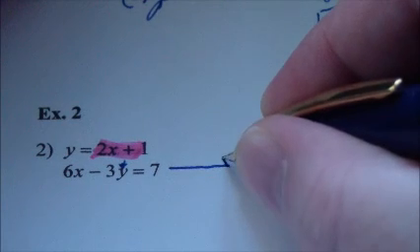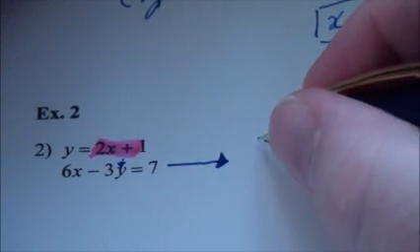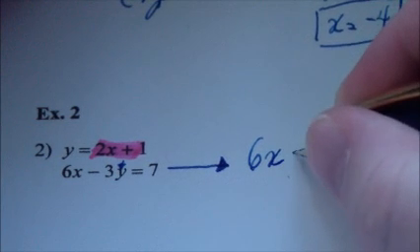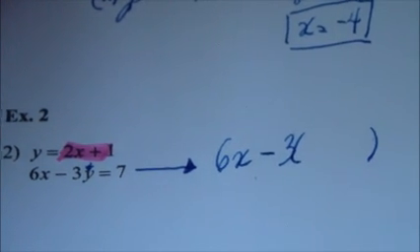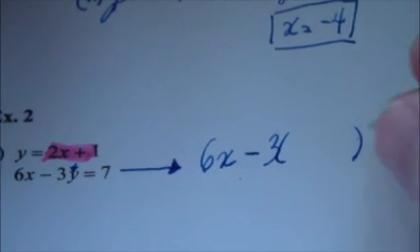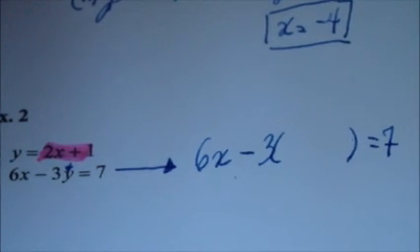Okay, so we're going to rewrite this guy. We have 6x minus 3 something something is equal to 7. Okay, 6x minus 3 is equal to 7.